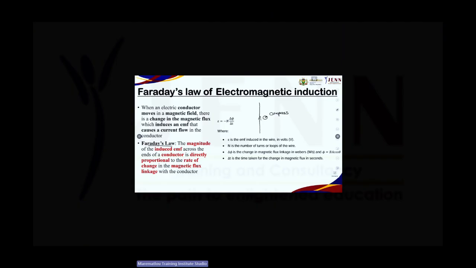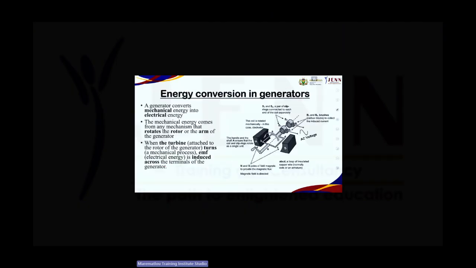So Faraday's law says the magnitude of the induced EMF across the ends of a conductor is directly proportional to the rate of change in the magnetic flux linkage with the conductor. So remember, if we look now at a generator, you do not have a power source.